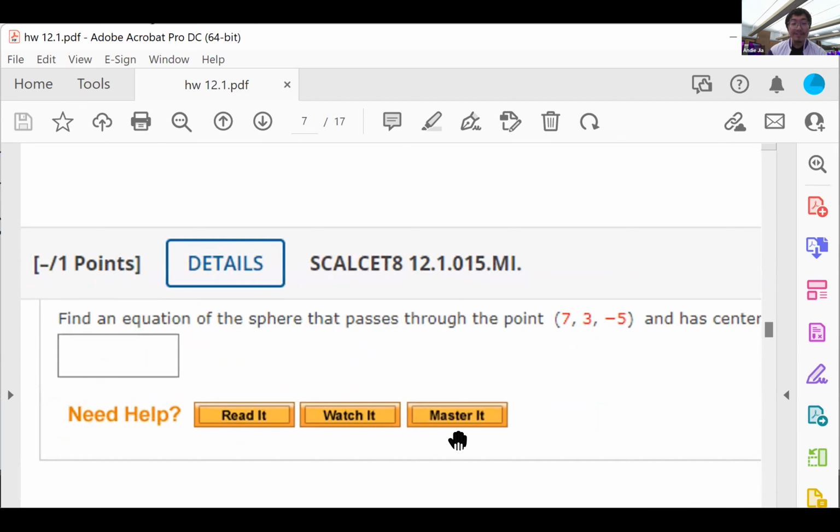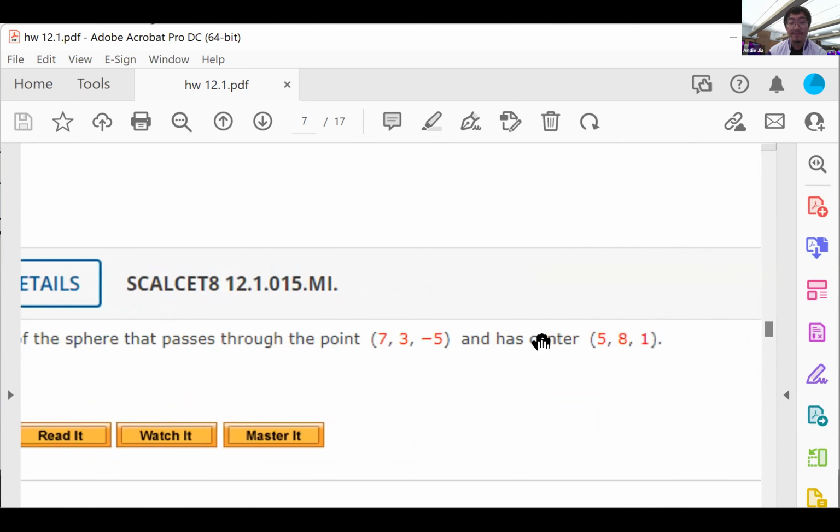Now to find the equation of a sphere that passes through the point (negative 7, 3, negative 5) and has center (5, 8, 1).